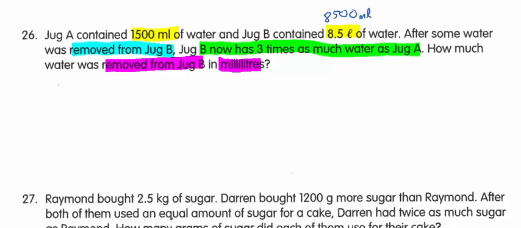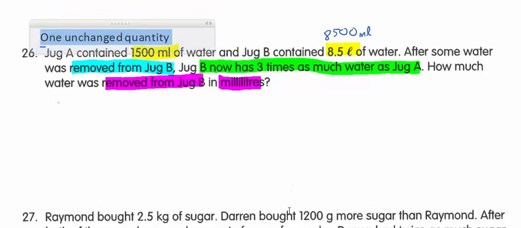Now, what strategy is this? I have some water removed from B. Anything removed from A? No, right? So this is my one unchanged quantity. See? It's the same concept here. So let's do it the same way as we did our ratio question.